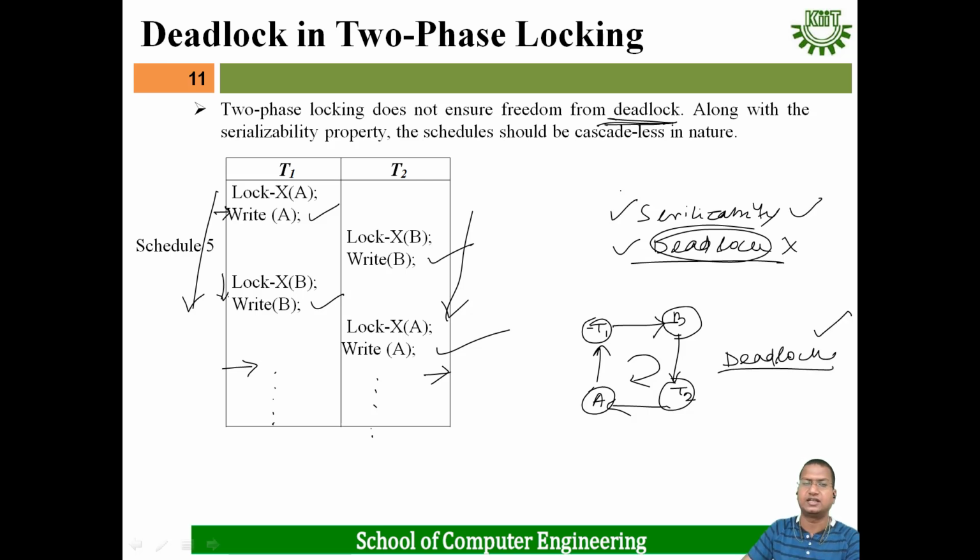Even if we apply the two-phase locking protocol in this schedule number 5, it may result in a deadlock. This is one disadvantage of the two-phase locking protocol.